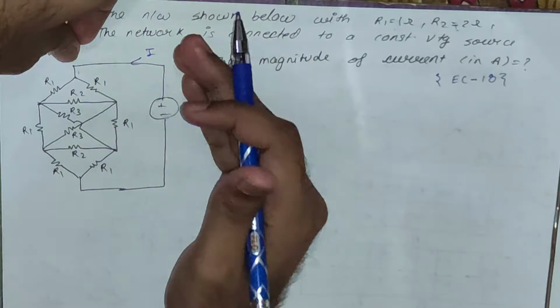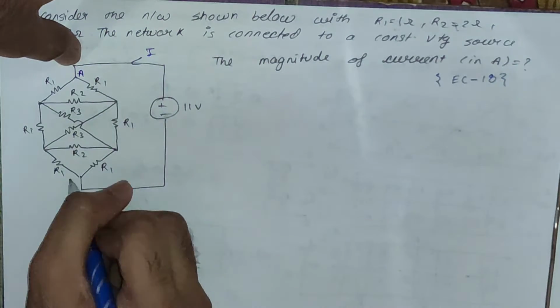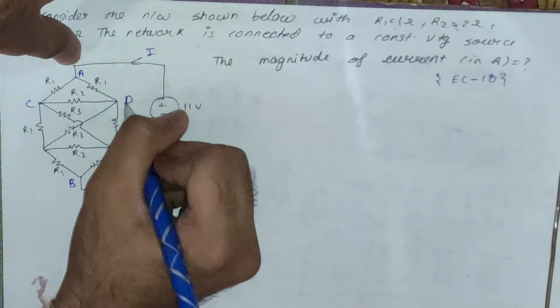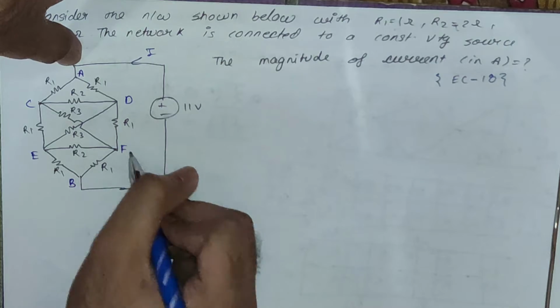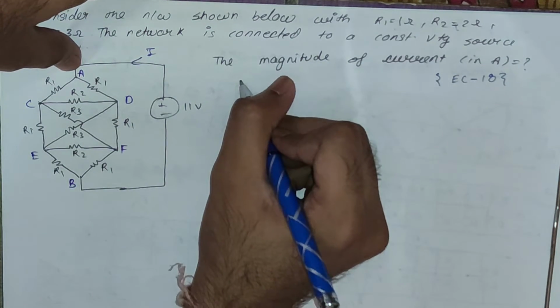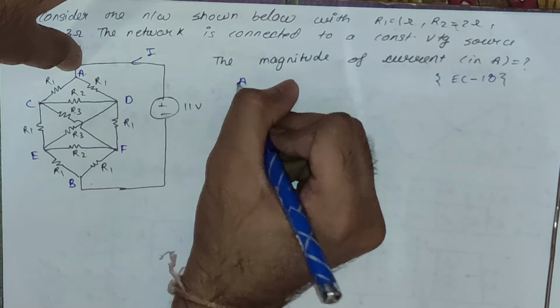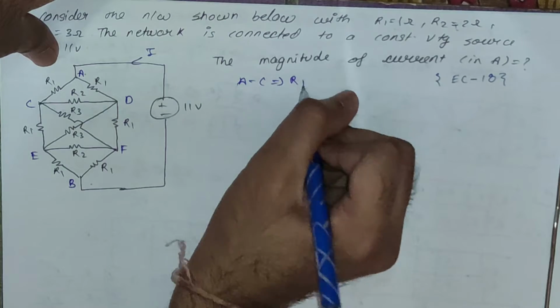Now we will check for equidistant points. Let's mark the points first. Let's say this is A, this is B, this is C, this is D, this is E, and this is F. First check for C and D. For that, first you will find the distance from the starting end, then check from the ending end. A to C we have a distance of R1.